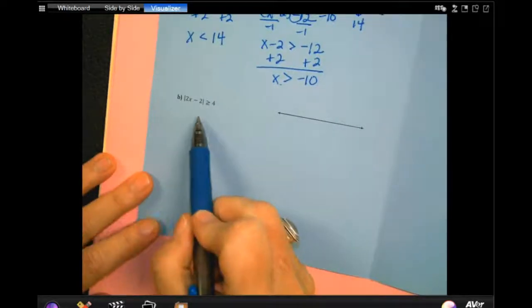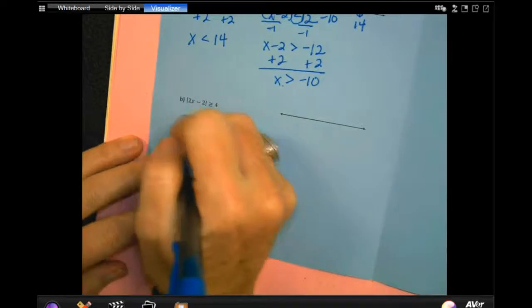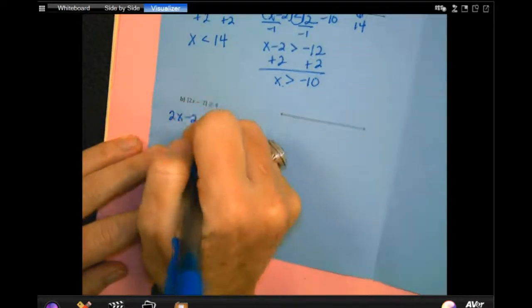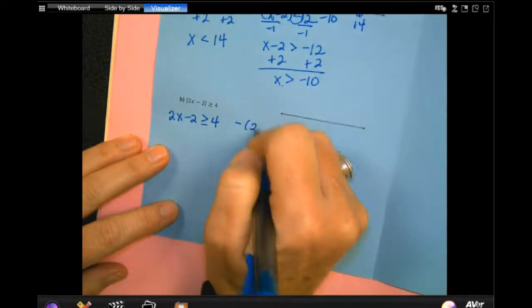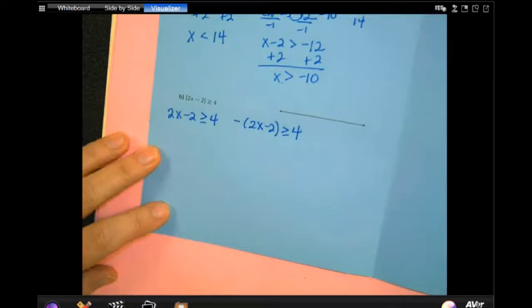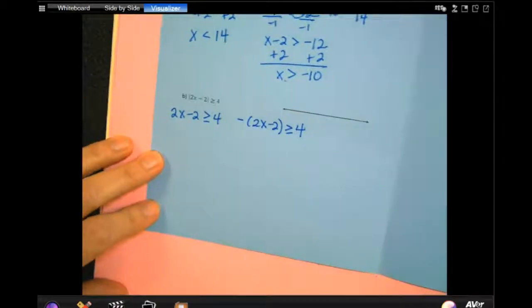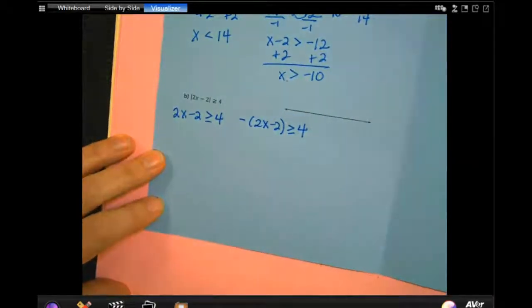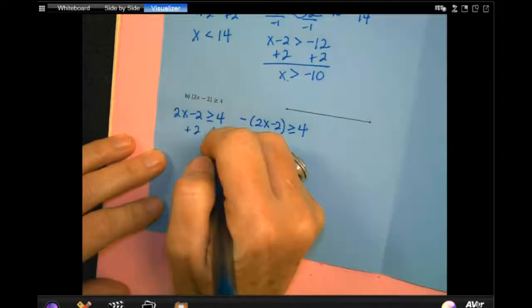For B, this is greater, so I think these will go out. So I need my positive equation and my negative. I'm going to add 2 to both sides.